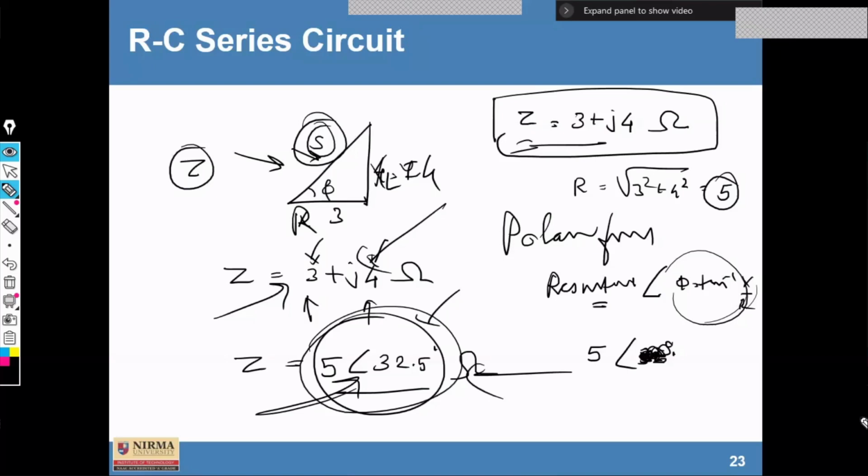If you are able to convert all these 4 forms using a calculator, please keep in mind, using a calculator, then there is no issue in solving any of the examples of RL series and parallel circuits.